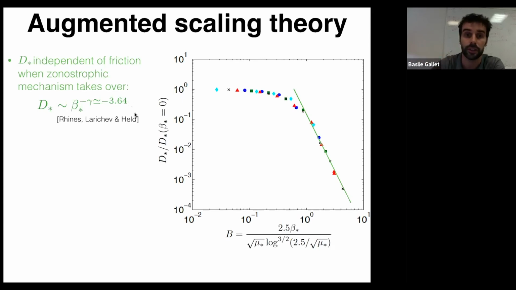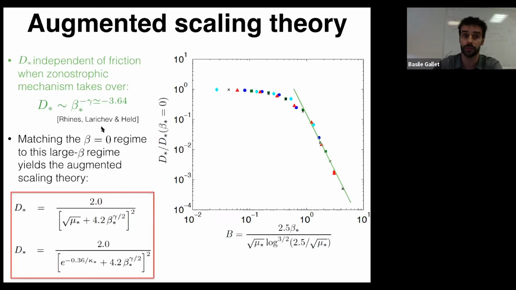Turns out to be very close to, what is it? 40/11, I think. Okay, so that's the prediction if you ask for D star to become independent of friction in that limit. And indeed, this is the behavior you observe. It's in good agreement, and it's in good agreement for quadratic drag, like I'm showing you here, but also for linear drag, and I'm not showing the data here. So now we know that limiting behavior here, this is the vortex gas dynamics, and we know that limiting behavior here, which is this exponent here.